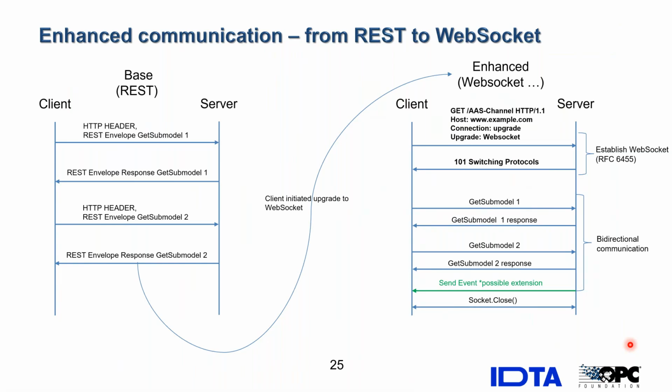At this point, the client does not have to send the entire HTTP header anymore, but only the request body. This enhanced communication can last until one of the communication partners, either client or server, closes the WebSocket communication. After closing, the communication can also continue with REST.